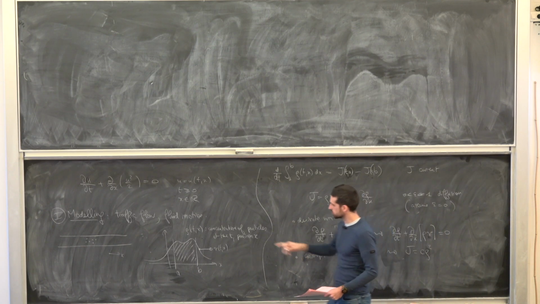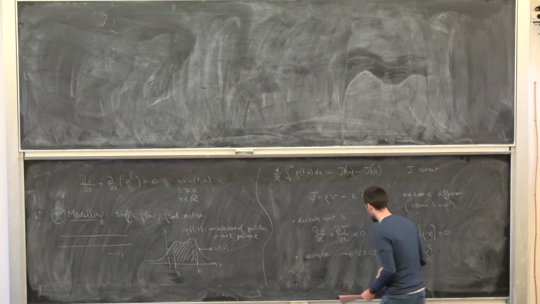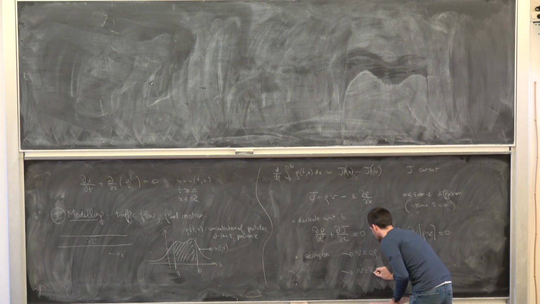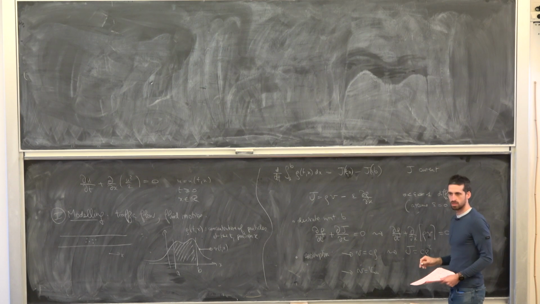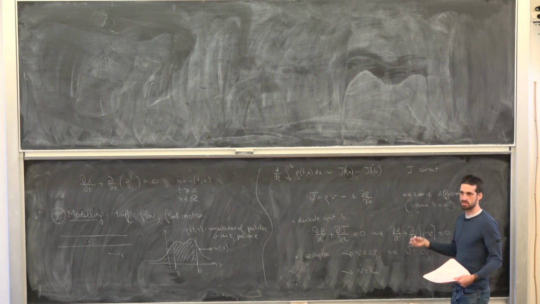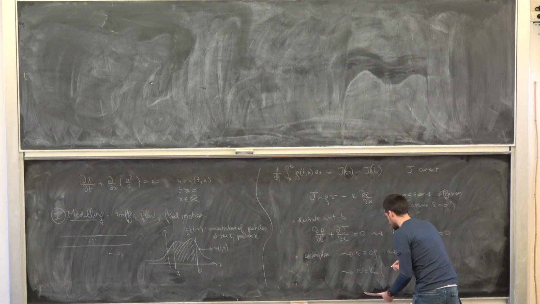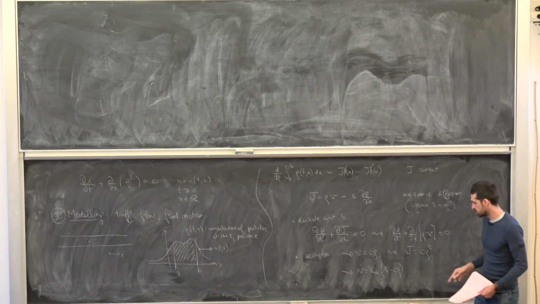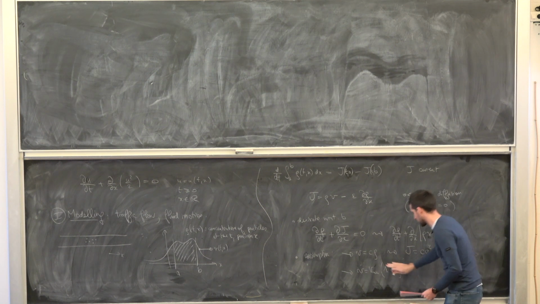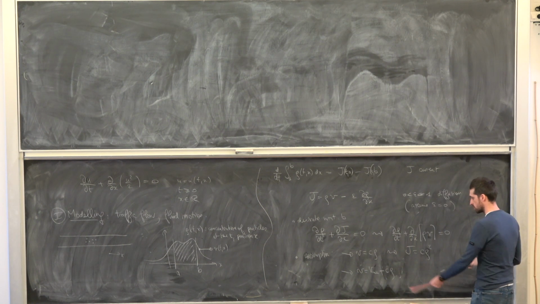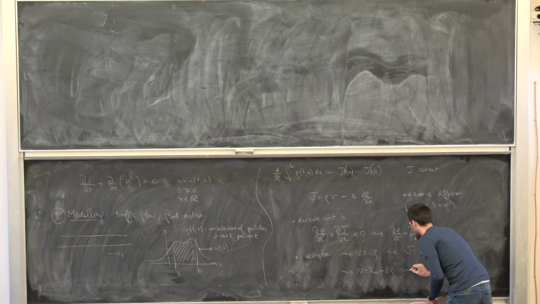Or if you think about traffic, like about vehicles, what is going to happen is that if you have too many particles, too many vehicles, at some point they are stuck and they won't flow anymore. So you have a maximal velocity above which you cannot really go. So that would be a v that looks like that.